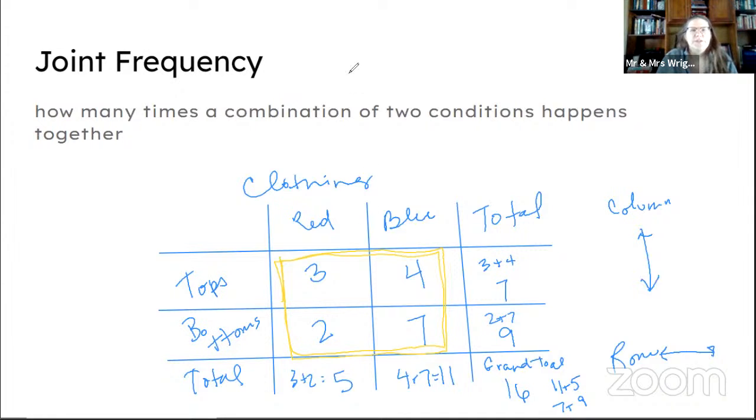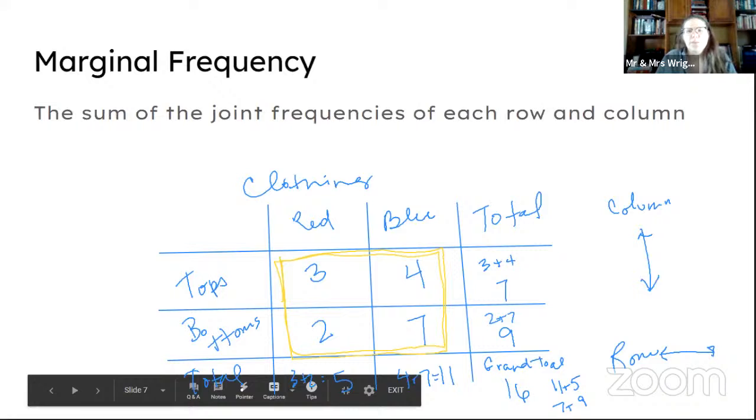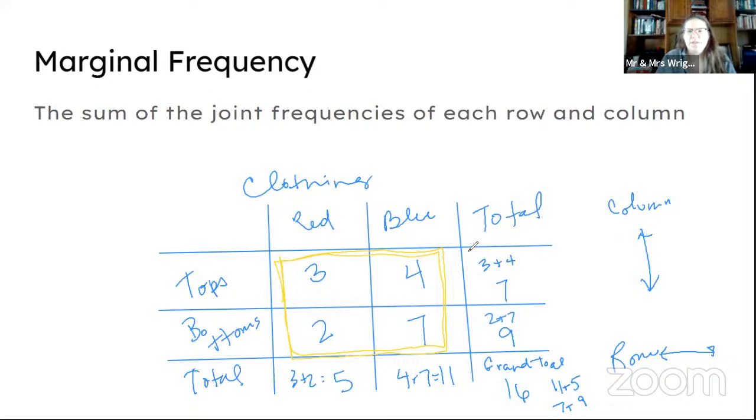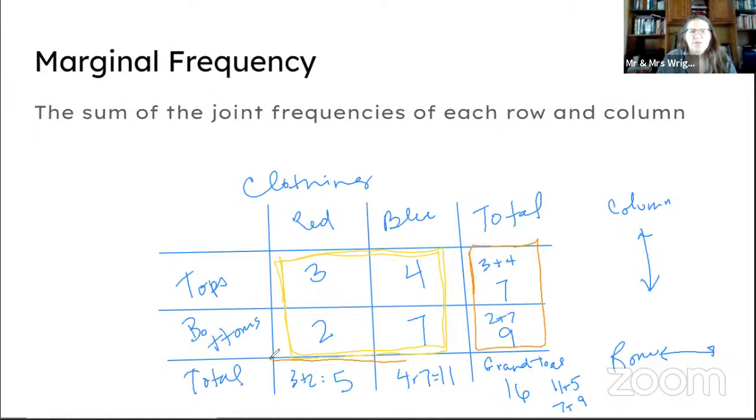Those are joint frequencies. Then we have marginal frequencies, and marginal frequencies are going to be the things that you added up, the things in the margins. So these two subtotals, the totals of the rows and the totals of the columns, those are the marginal frequencies, okay?